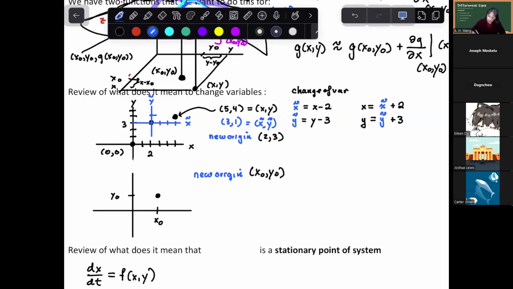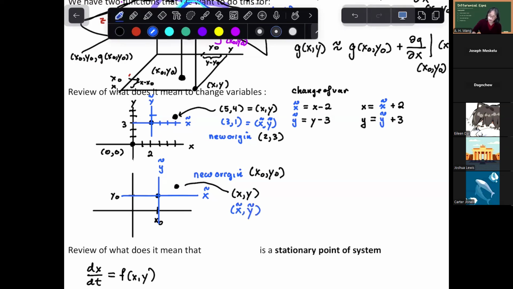And you're going to have another coordinate system right here. You can call it x tilde and y tilde. This point will have black coordinates, and it's also going to have blue coordinates, tilde coordinates.